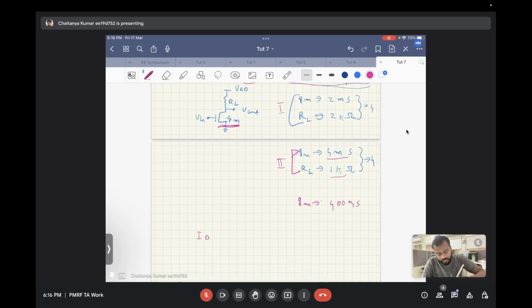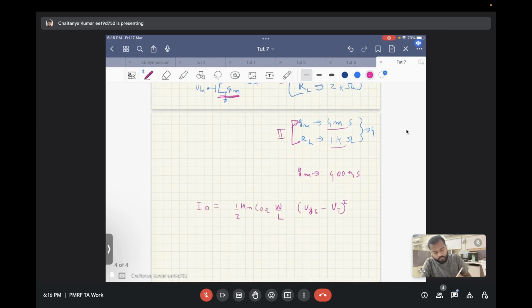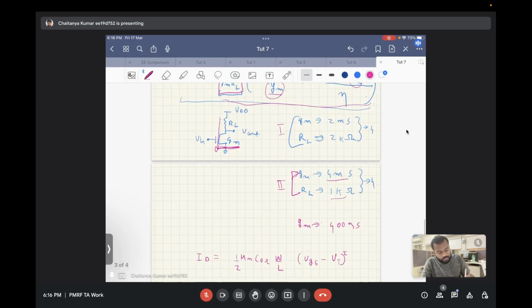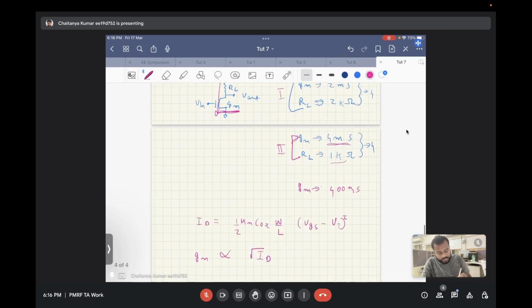So we know that in a transistor the current equation is ID equal to half mu n Cox W by L times (VGS minus VT) whole squared. And if we want to find Gm in terms of ID, Gm is basically proportional to the square root of ID, the current flowing through this transistor. So if we try to increase Gm to a very high value, we will have to increase this current to a very high value.